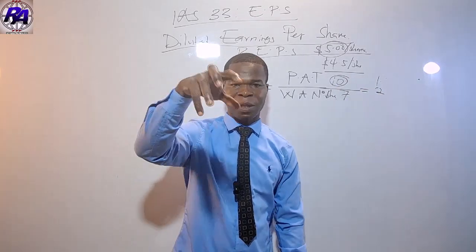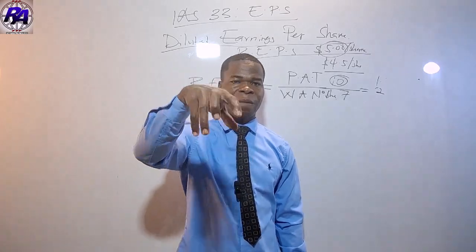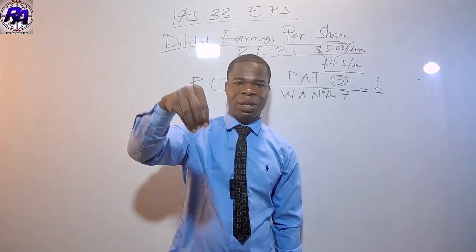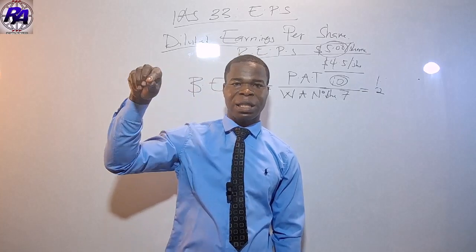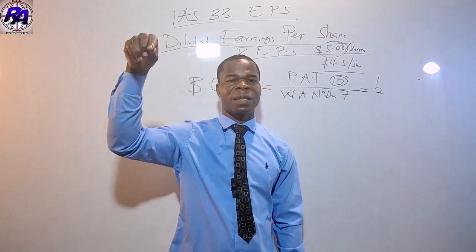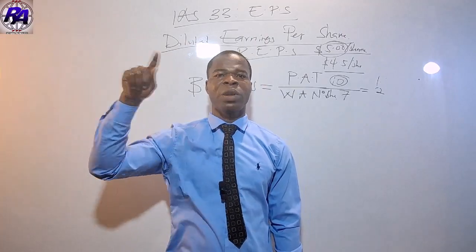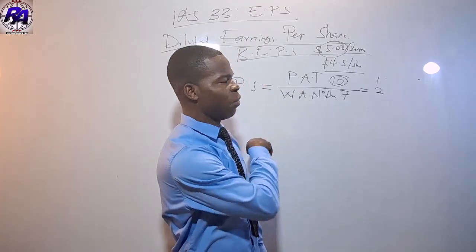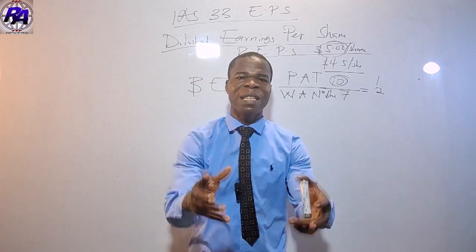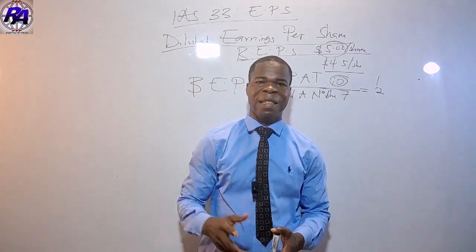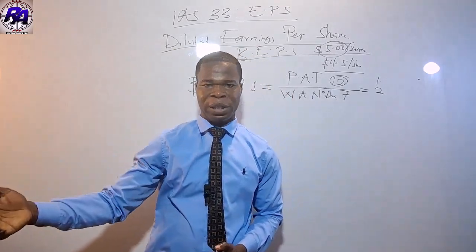There are some instruments in the business today that will warrant that the ordinary share capital of the entity will be increased in the future, which accounts for diluted earnings per share. Now, what are some of these circumstances?